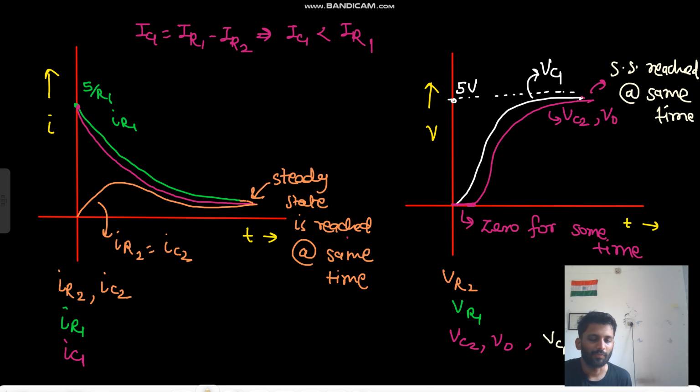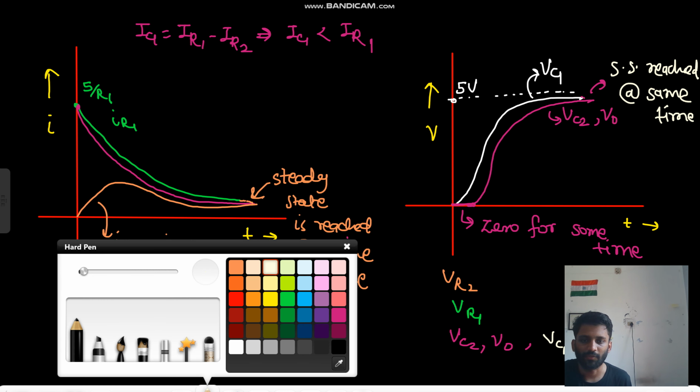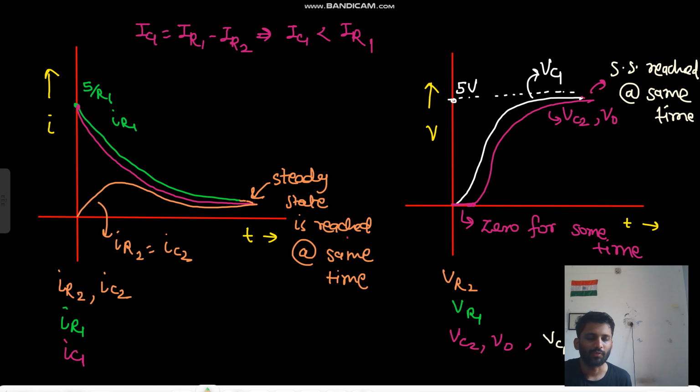What else do we need to do? We need to draw VR1. So talking about VR1, VR1 initially was at 5 volts, right? Initially the capacitor was 0, so it was at 5 volt. Then it goes down to 0. So this is IR1, so VR1 will go something like this.